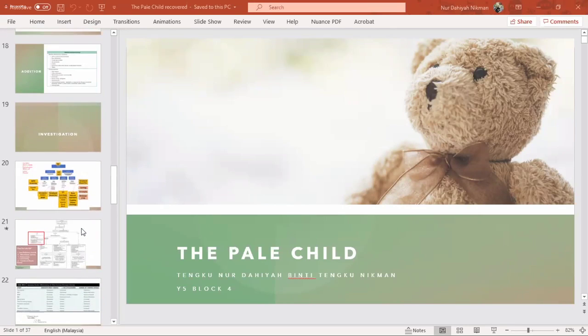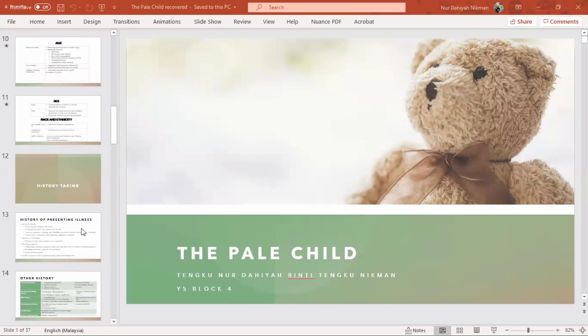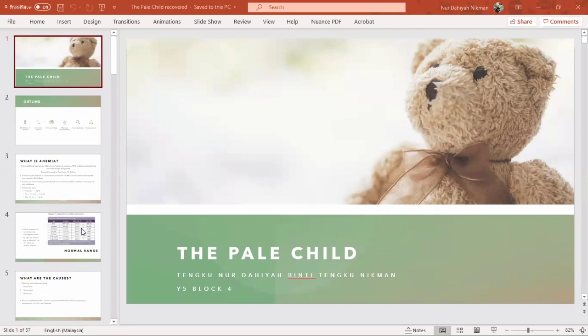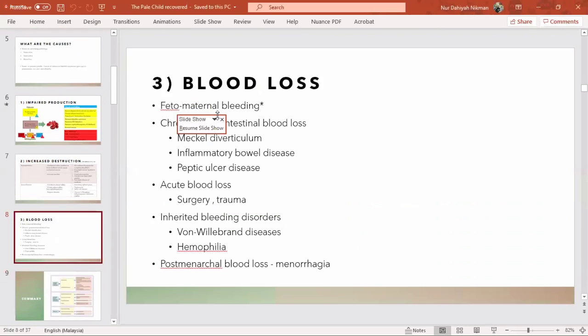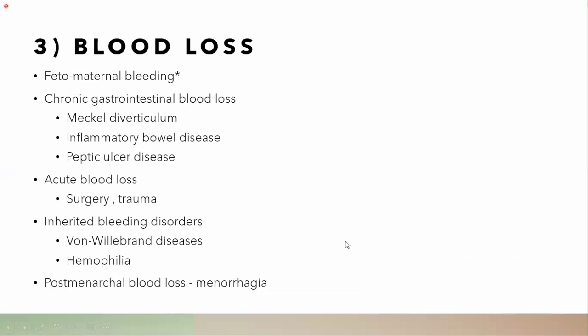I think FBC is enough? If you do FBC you can only see anemia. But to test whether there is fetal-maternal hemorrhage or fetal-maternal bleeding, any coagulation profile?